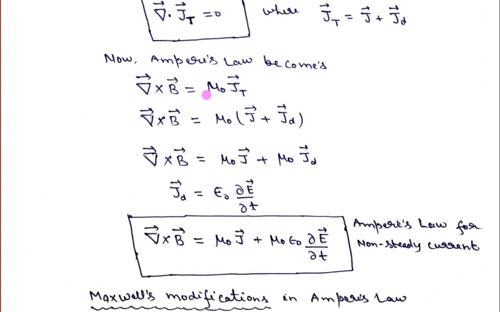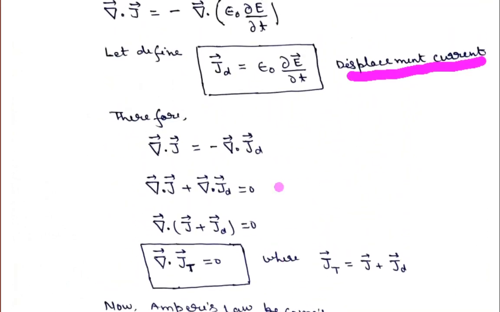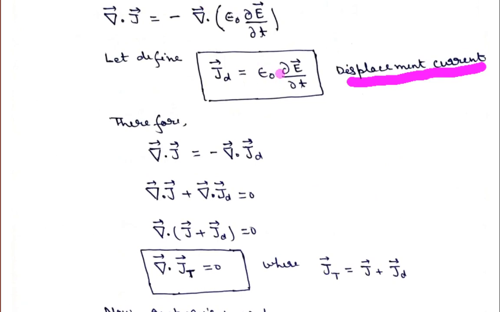So del cross B will be equal to mu 0 JT, the total current density vector. If you substitute the value of JT, del cross B is equal to mu 0 times J vector plus JD vector, that is mu 0 J plus mu 0 JD, and we have defined JD as epsilon 0 del E upon del t. That means this is originating because of the changing electric field.